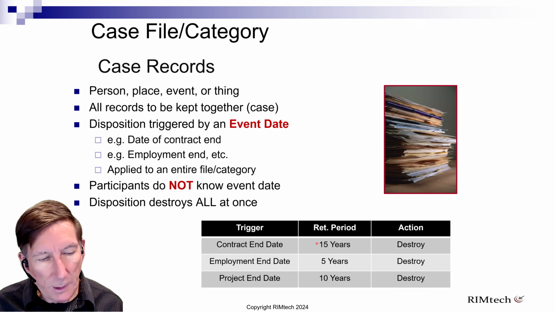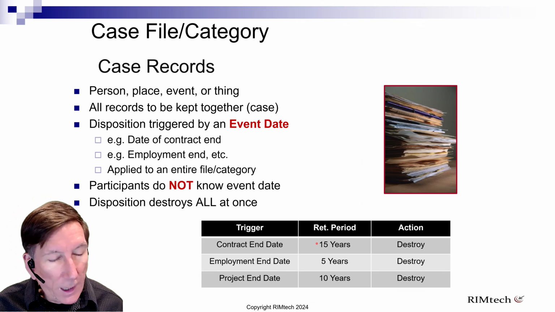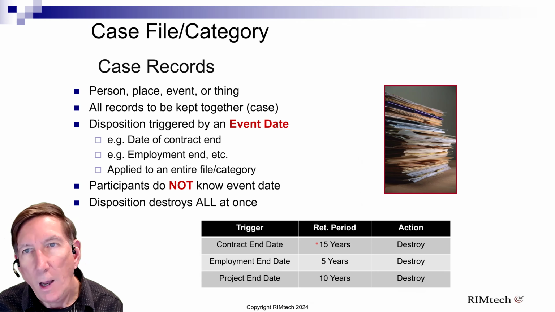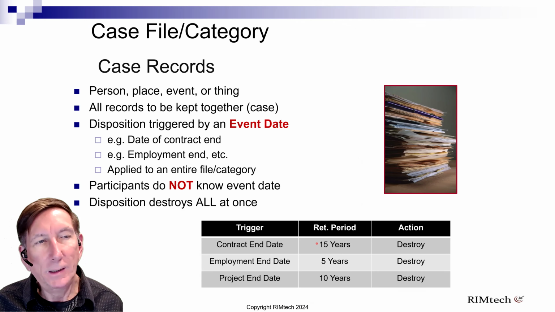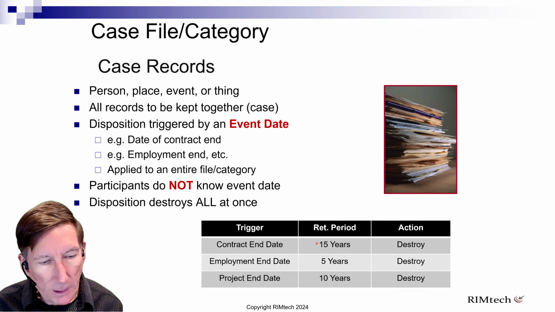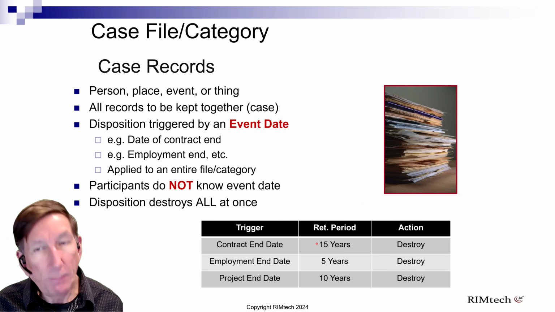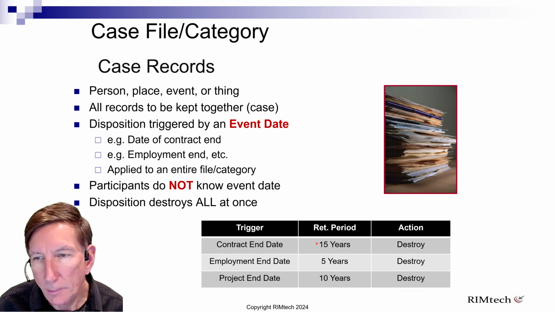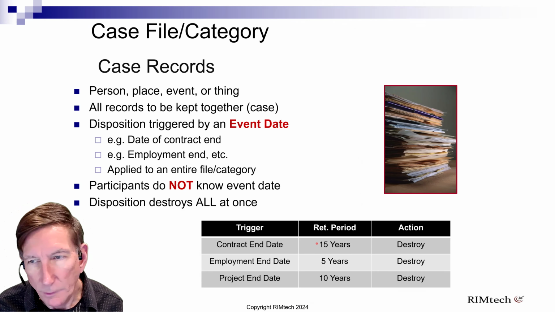So the records in any one adventure are different from and independent of the records of a different adventure. What do we call each adventure? A case. Okay? So your job in SharePoint is to keep those case records separate from all the other case records.